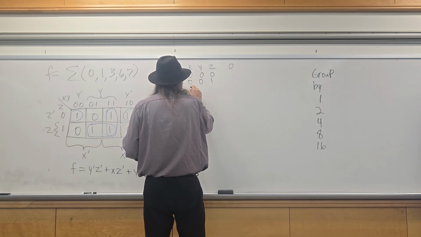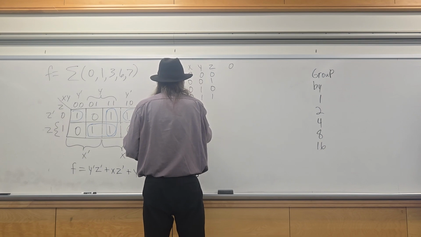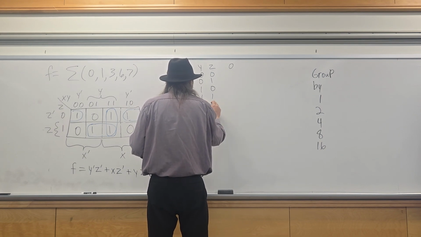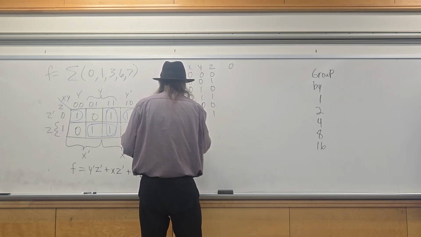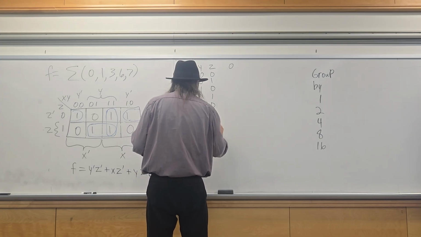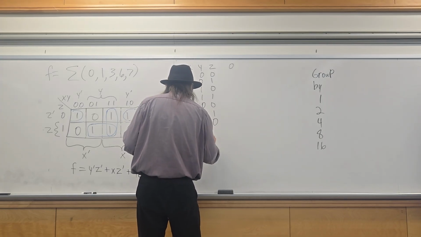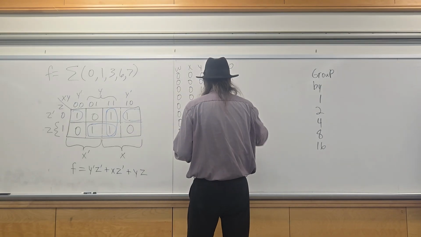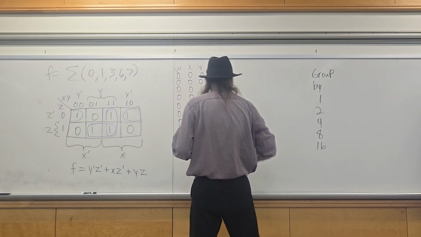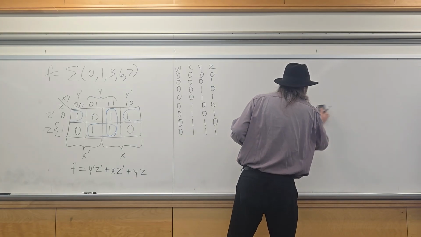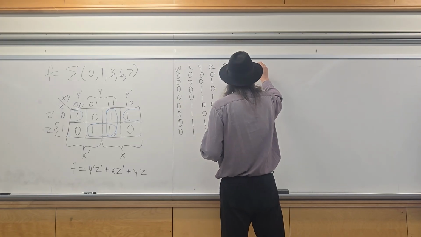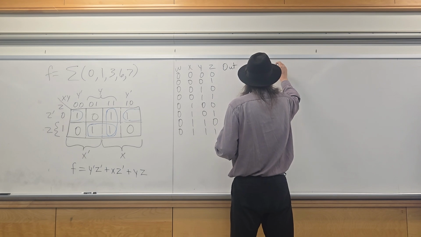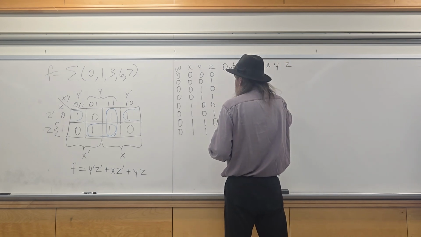Let's see if I can do this in one column. I can count in binary. Really, I can. It's not going to work. So we'll do out there, and we're on 1.